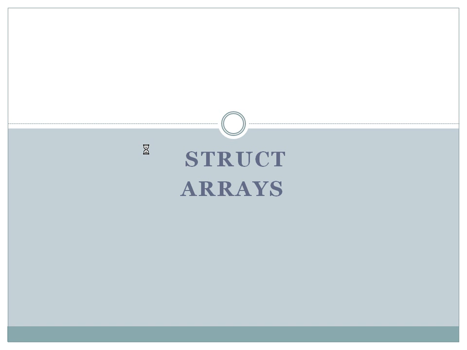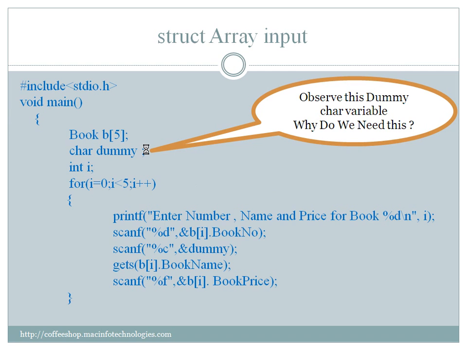So we will see struct arrays. Arrays can save a similar set of data, and we don't want to use too many variable names in our program. So what we do is use arrays. Arrays can store similar data of the same data type. So we have declared an array of type book, b of 5.